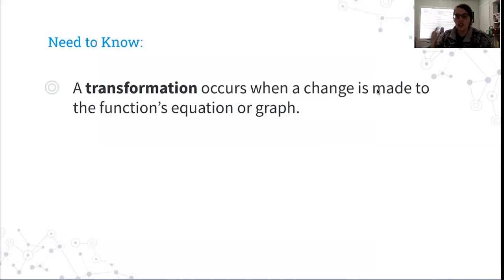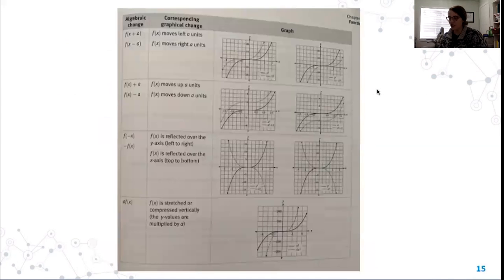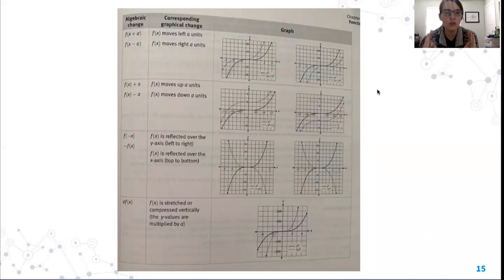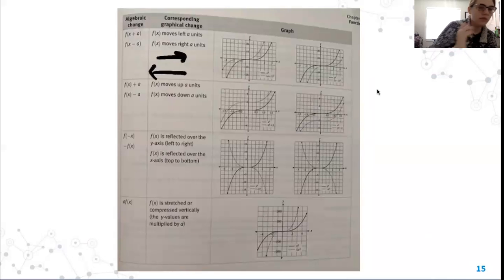A transformation occurs when we make changes to the function's equation or graph. So normally we start with a parent function, and our transformation rules tell us how that graph is going to change and shift. With all of these different equations, when we add something inside the parentheses or subtract something inside the parentheses, it's going to move left or right.